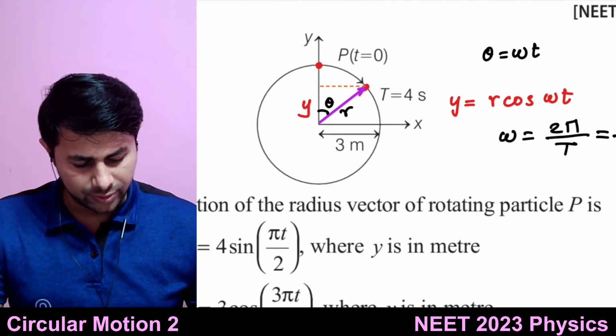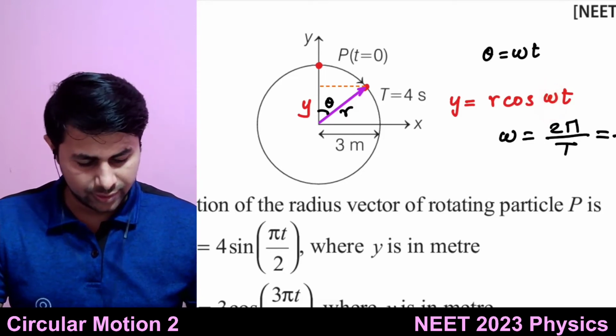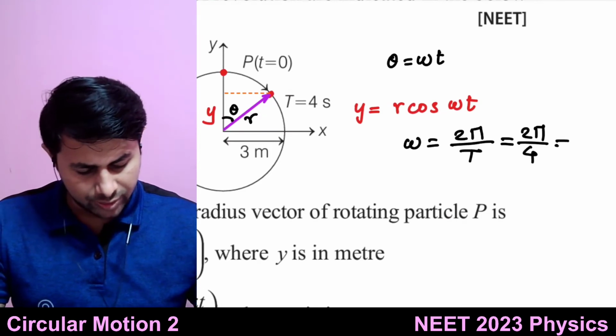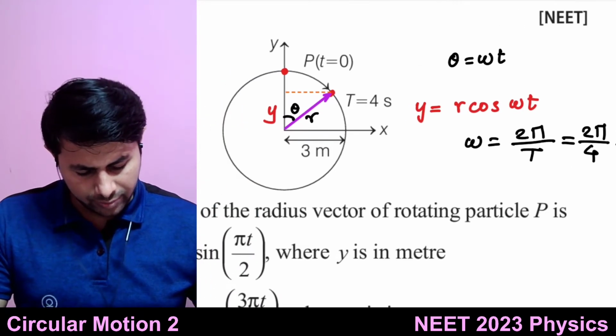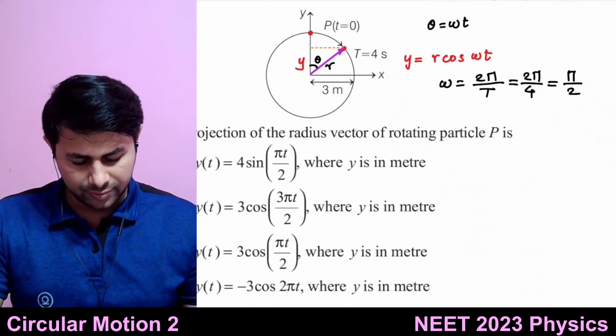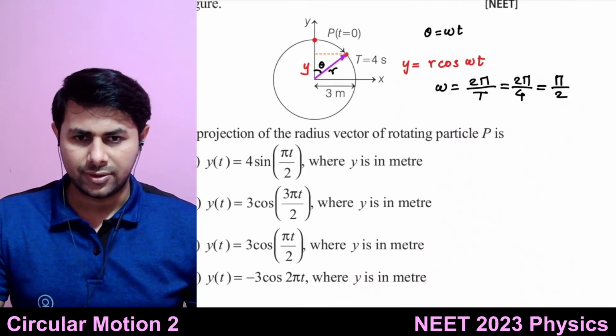Okay. So in place of omega, you will substitute pi by 2, right? So now which is the answer? Option C. Option C is the answer. Okay.